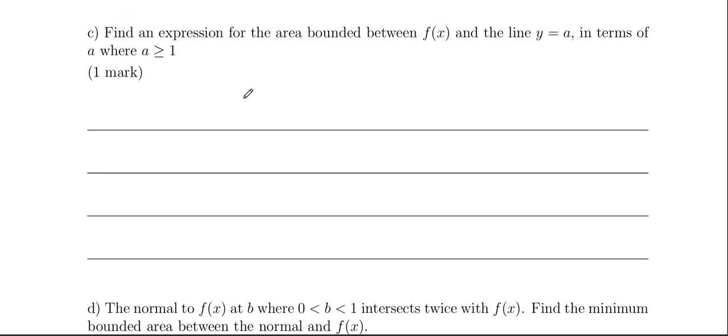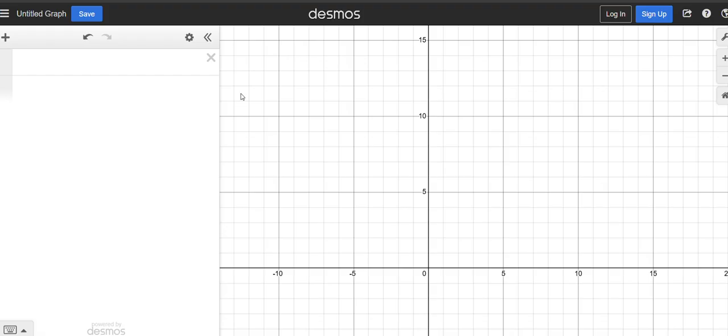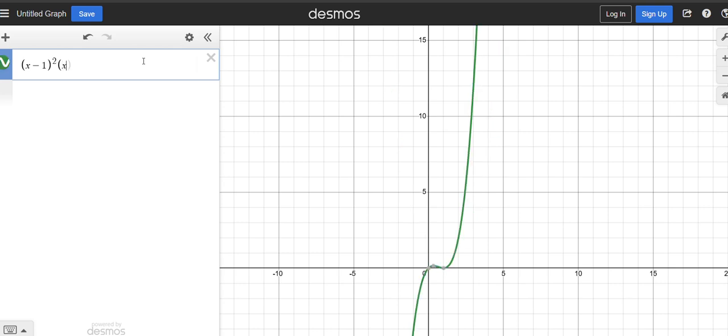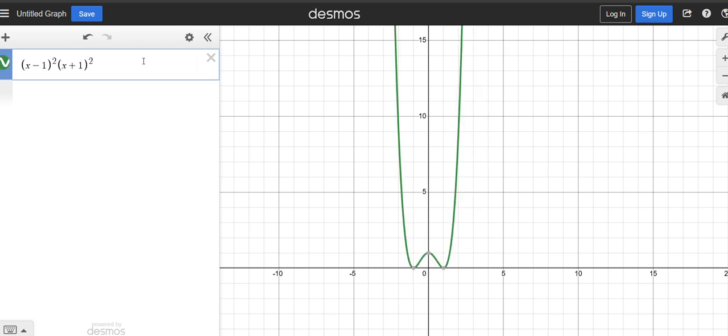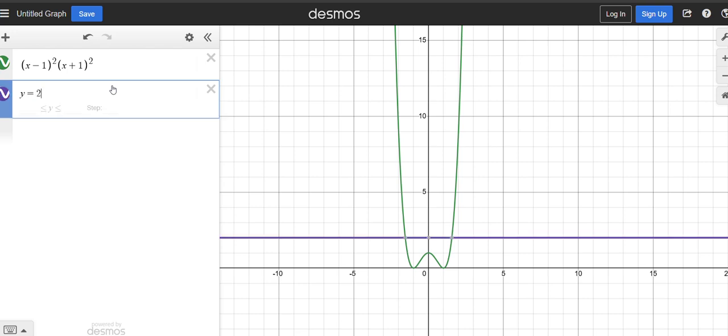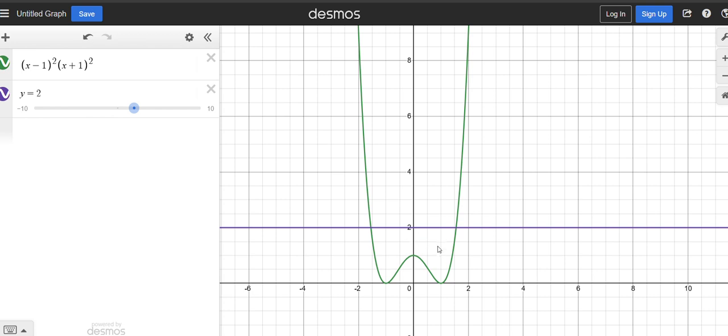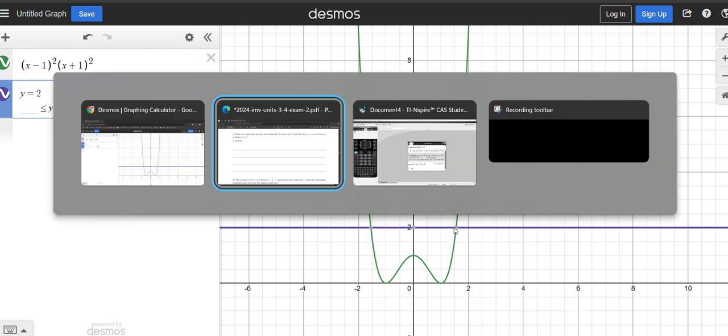Find an expression for the area bounded between f of x and the line y equals a in terms of a. All right, so let's go on Desmos to visualize this. (x minus 1) squared times (x plus 1) squared, and then the line y equals a. So I'm going to try and find this area here. Okay, so first we need to find the intersection points.